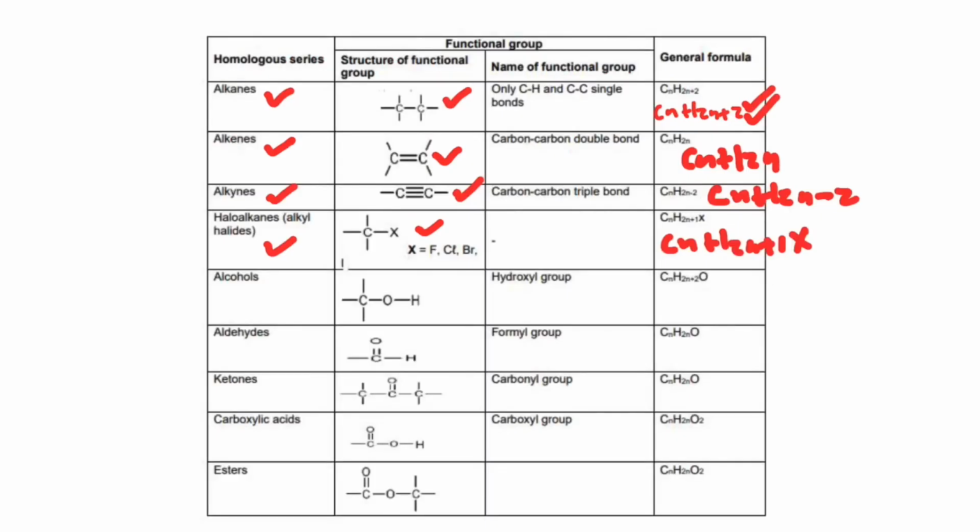Moving back, we have an alcohol. This is the structure of the functional group. And for alcohol, we actually have a name for the functional group. It is called the hydroxyl group. And then the formula is CnH2n+2O, right? And this is how you expect an alcohol to look.